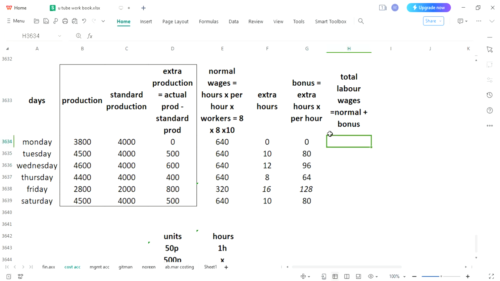So we will add 640, which is your Monday's wages, plus extra working. In a similar way for Tuesday, 640 normal wages, 80 bonus for total wages. 640 normal, then bonus amount 96, 736 is your next amount, then for the next day 640 plus bonus 64, so we have got 704, and then I have told you you will have to make it half.